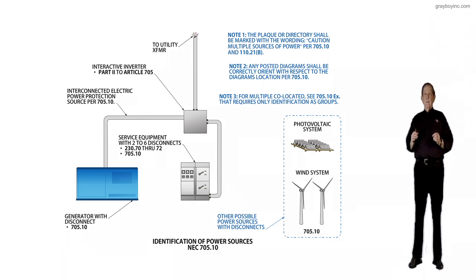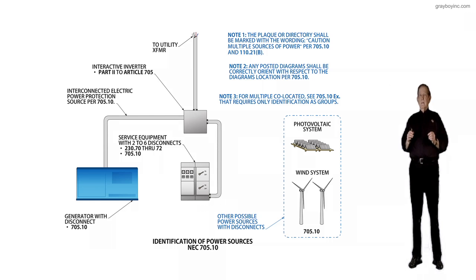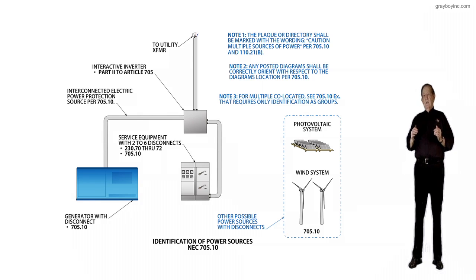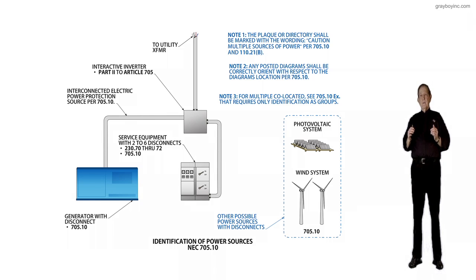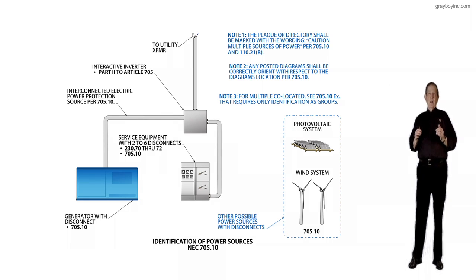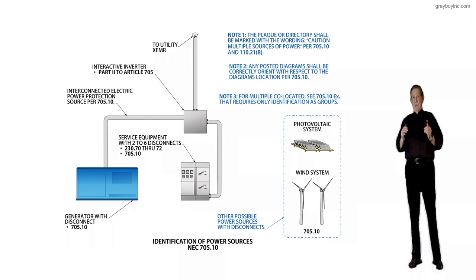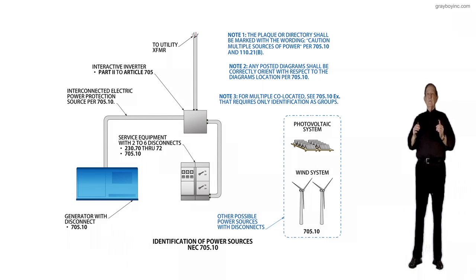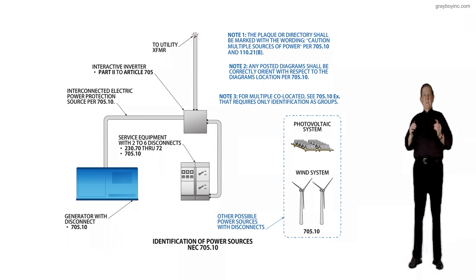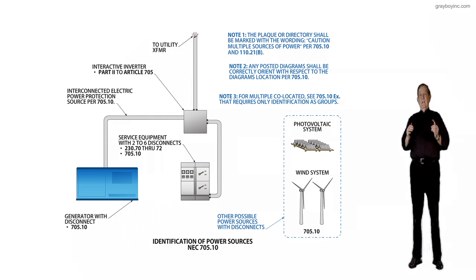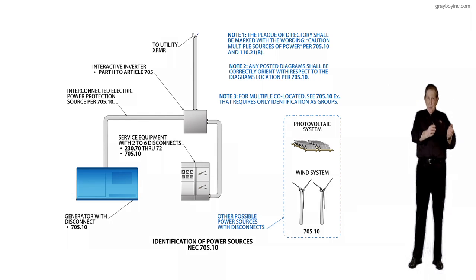But again, I will call your attention and make sure that we understand this. If you're designing generators that fall in Article 700, review it very carefully. If your job is installing 701 legally required standby systems, review Article 701 for all changes and revisions that have taken place there. And if you happen to be installing an optional standby system, is it a dwelling unit that you're supplying?